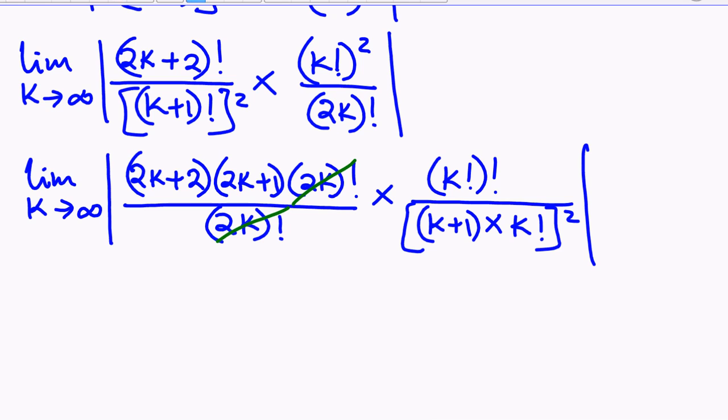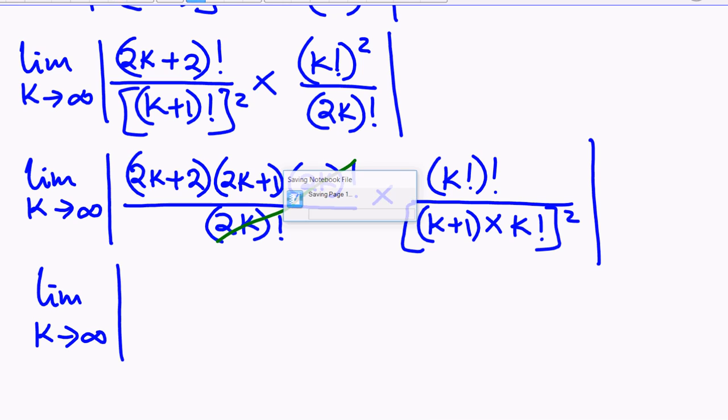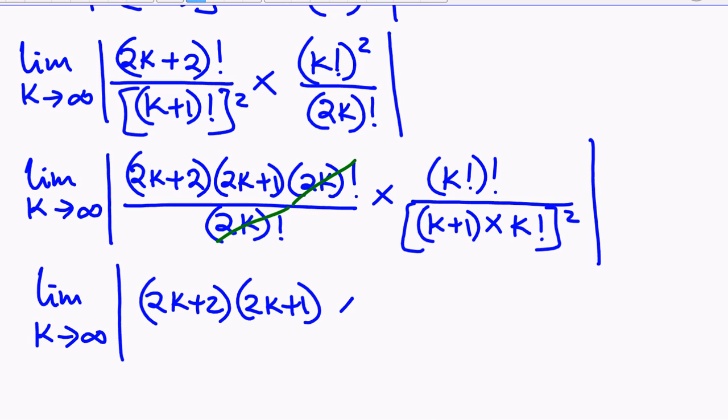Here, what I can do is, instead of writing an extra step, actually, I'll just include an extra step. No need to include everything in one step. So this will be equal to the limit as k approaches infinity of the absolute value of 2k plus 2 multiplied by 2k plus 1 multiplied by, now what I have here is k factorial, this is squared, sorry, mixed things up.